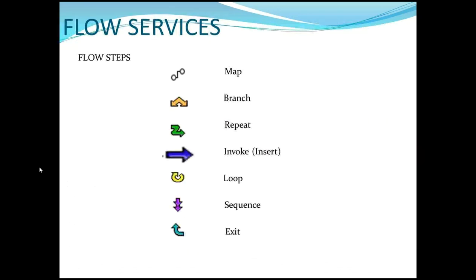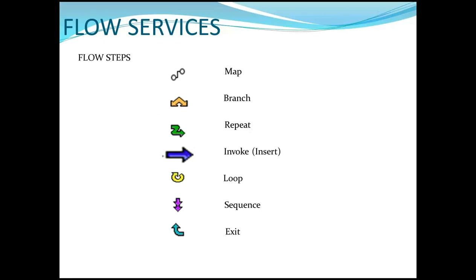Flow steps. When you're writing a flow service, you want to code inside it, right? If you want to achieve your coding, you will use all these flow steps: map, branch, repeat, invoke, loop, sequence, and exit. If you know this, your 100% of coding will be completed.